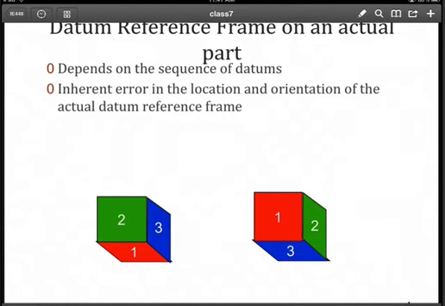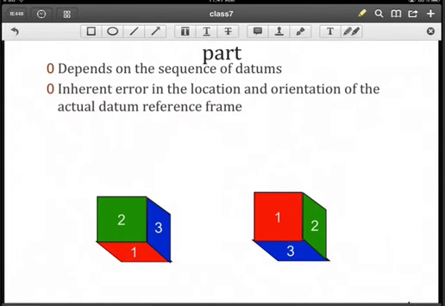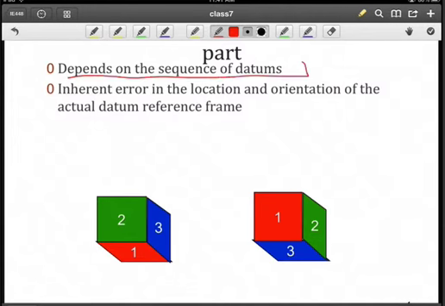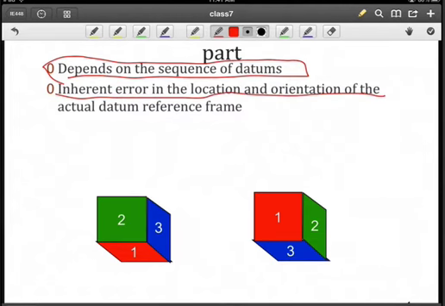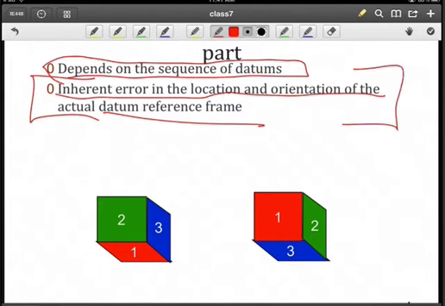The location and orientation of that datum reference frame will depend on the sequence in which we put the datums together. And also note that there will be inherent error in the location and orientation of this reference frame, because the surfaces are not perfect. So each part will have its own unique reference frame because of this inherent error.